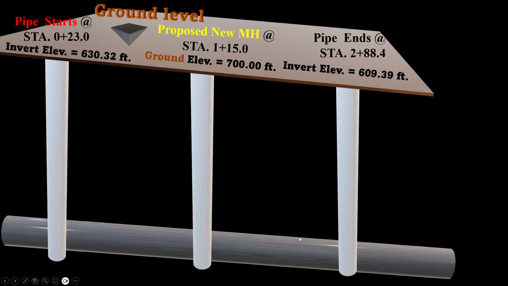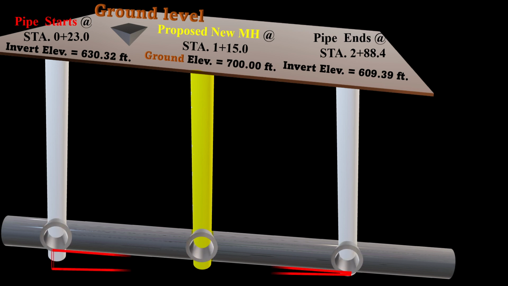So in this example, if we consider our three manholes, and connect the invert elevations of the two existing ones, we create this triangle, which also passes through the proposed new manhole.